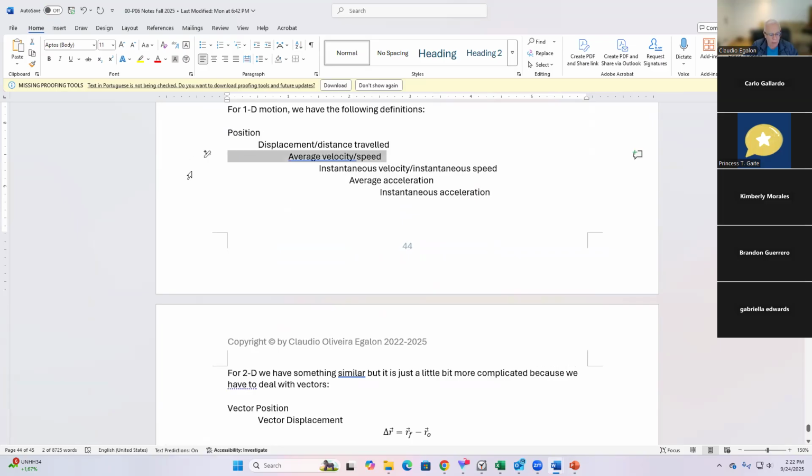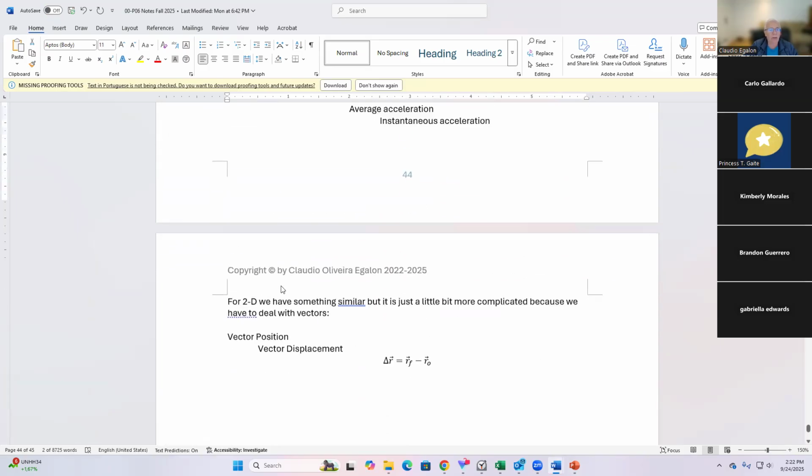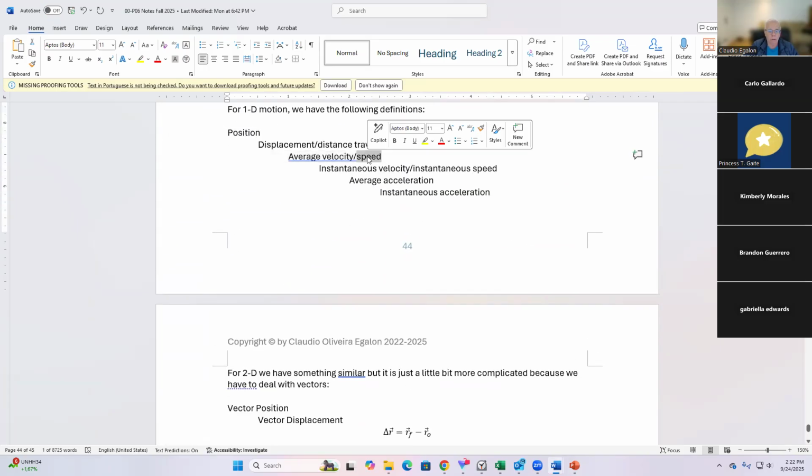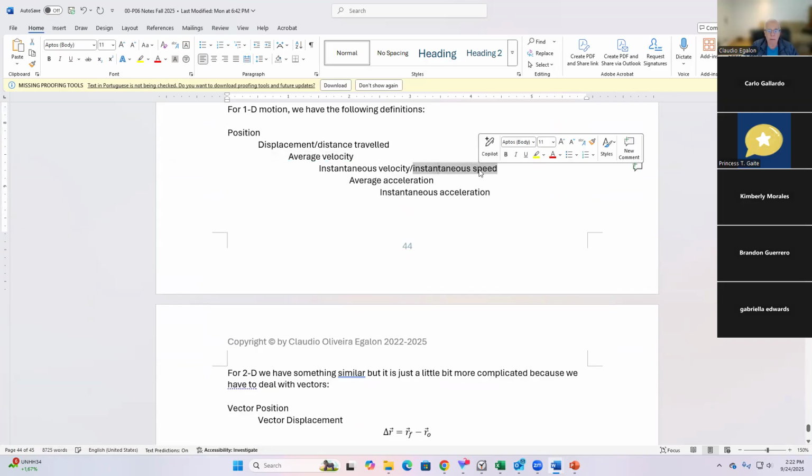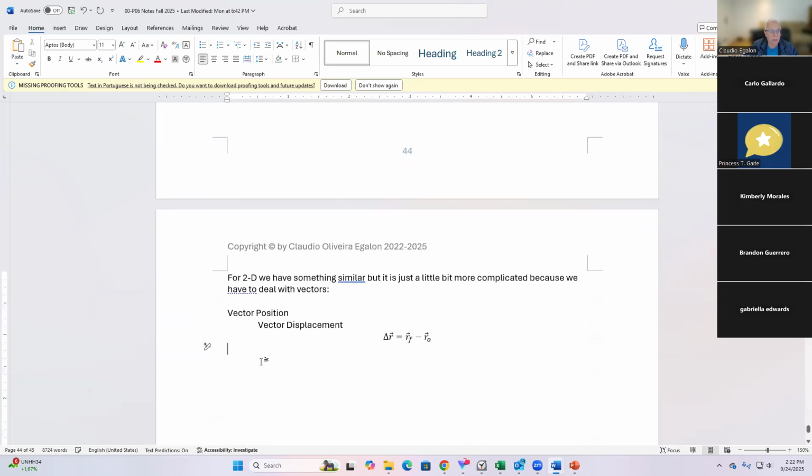Now we have to talk about the average velocity. And by the way, since speed is a scalar, we do not need to have it here. We're dealing just with vectorial quantities. Now we have the average velocity vector. And how do we define the average velocity vector?